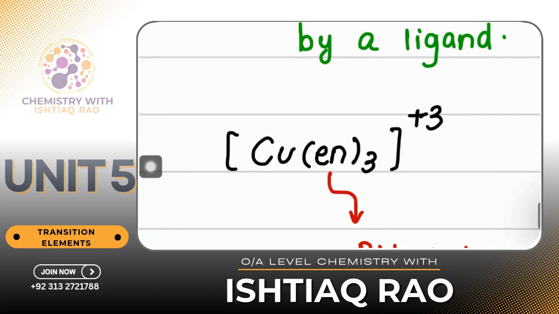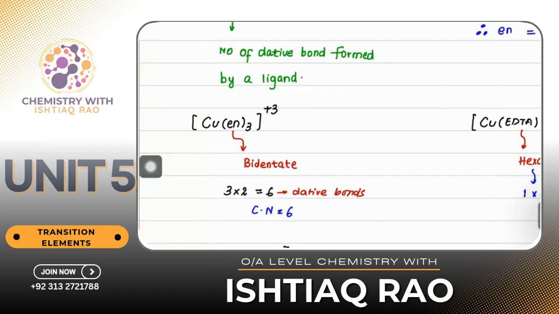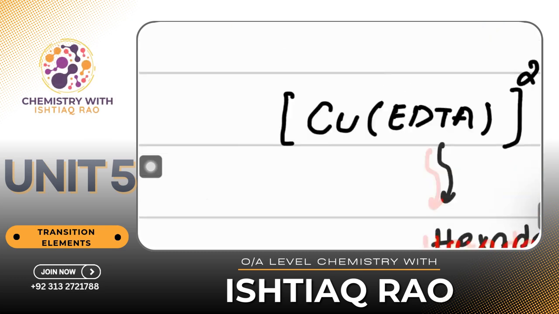Six dative bonds. So the coordination number is going to be 6. You still have to find the nature of the ligand, because if we had a monodentate ligand, the coordination number would be 3. But in this question, the given ligand is bidentate, so we have to multiply this by 2.